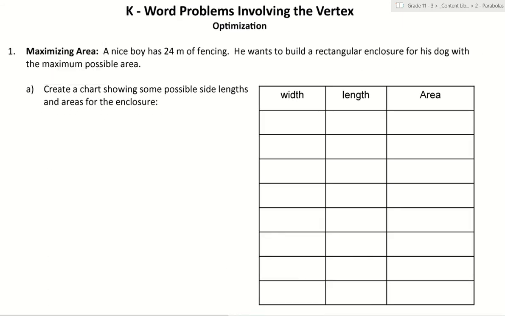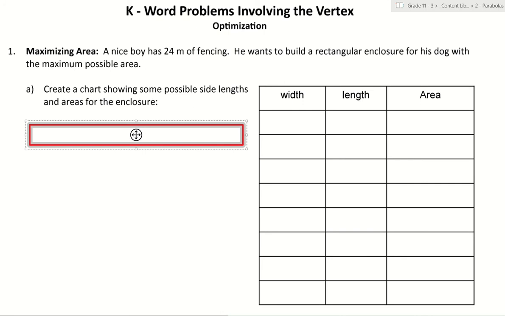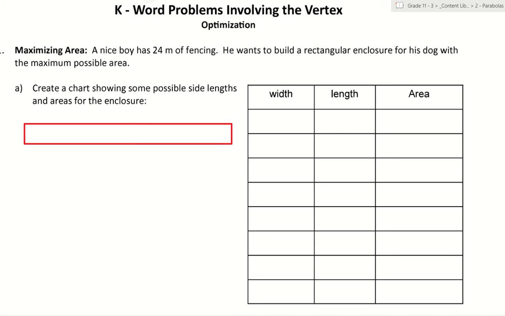particular shape. So let's say that he wanted to draw like a really long rectangle like that. Okay, so 24 meters of fencing is what's used. Let's say on the edge, we wanted to make this 1 meter.